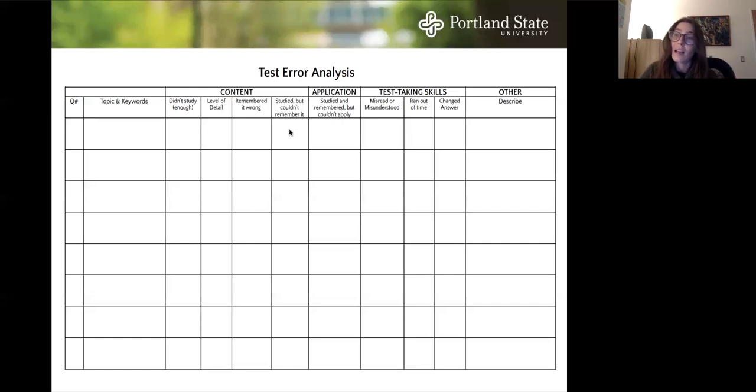Did I study it a lot, but I just couldn't remember it during the exam? Did I study it, but I couldn't apply it to the questions? If it was a word problem, I didn't know how to apply that content. Or is it my test taking skills?